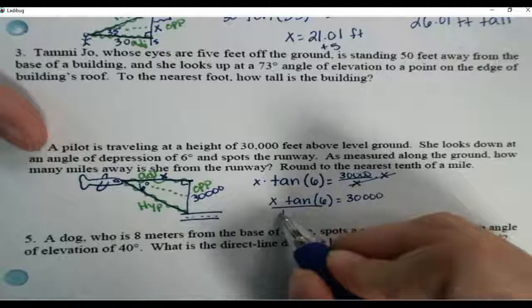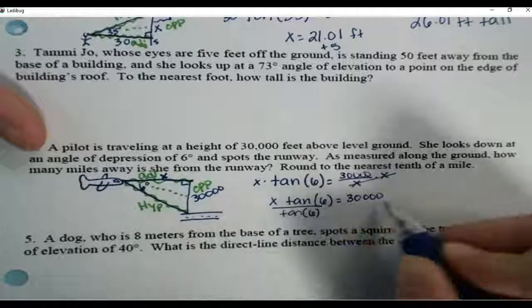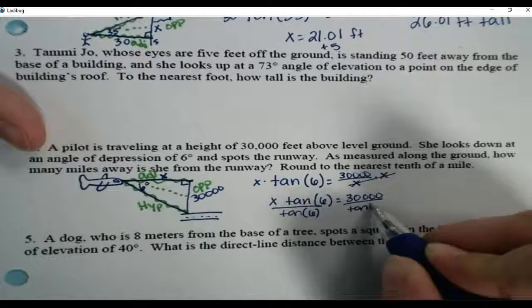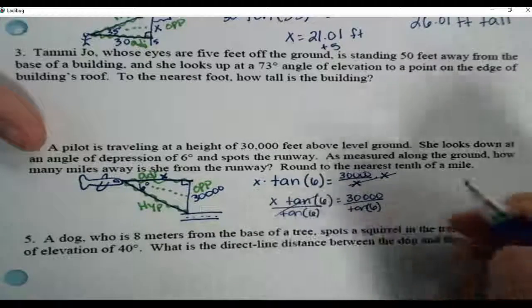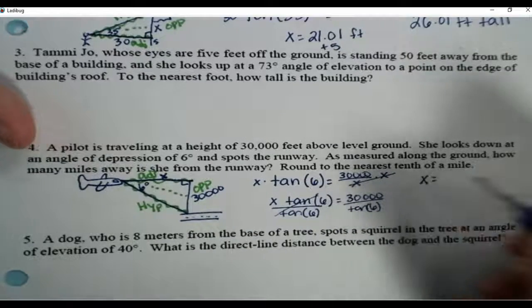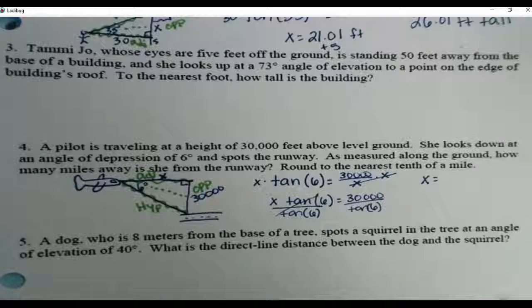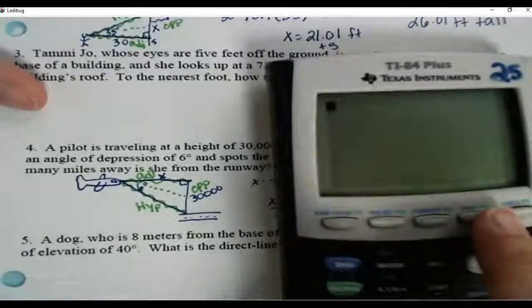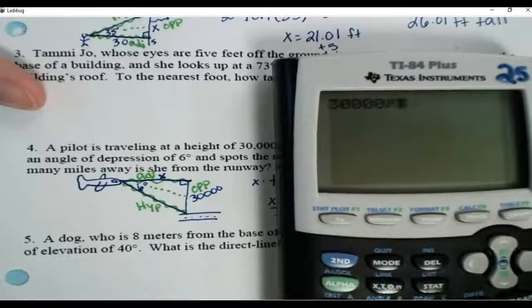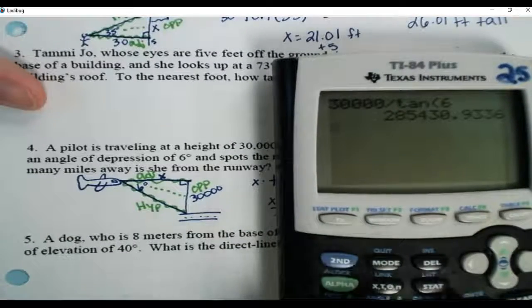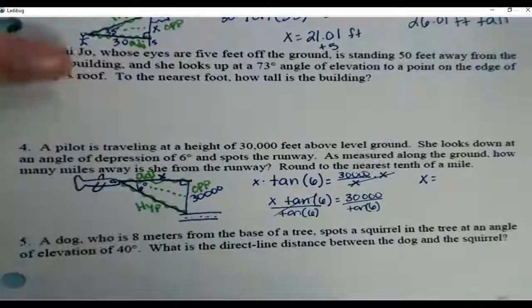Good. So we divide by tan of 6. Just like this. And so we get that big huge number.